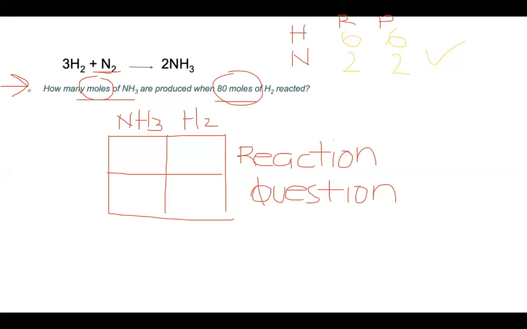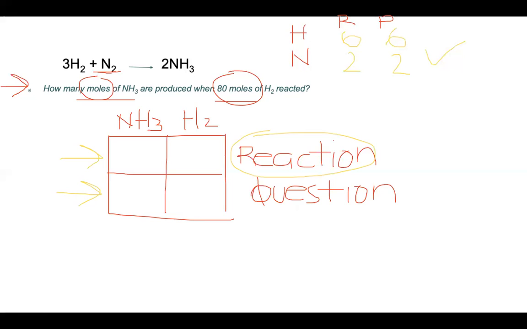The first compound that appears in my question is the one I write at the top of the first column. The second compound that appears in my question is the one I write at the top of the second column. Now in the boxes, I write the information that I get from the reaction and from the question for NH3 and H2. How many moles of NH3 do I have in that reaction?